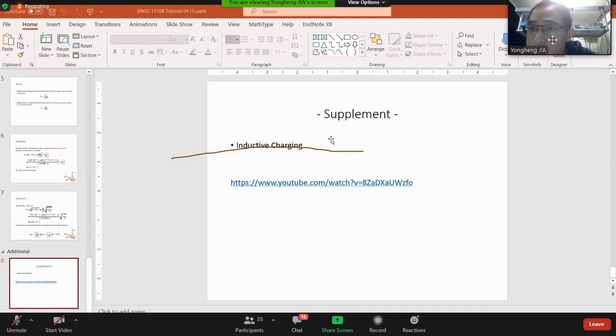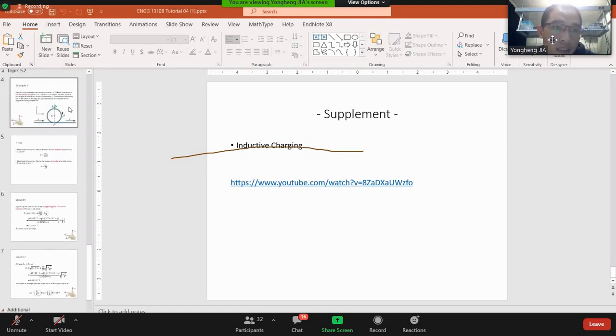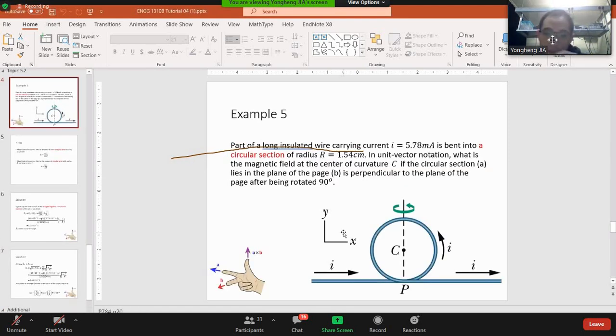And for the questions, you don't need to remember the IJK direction, I think. For any question in the question paper, they will tell you the direction, right? Yes, for example, the I and J direction.